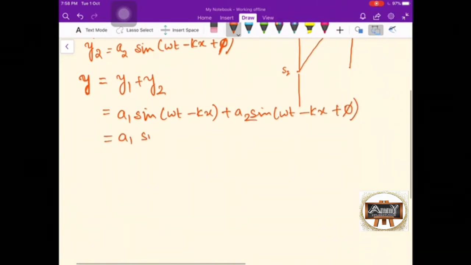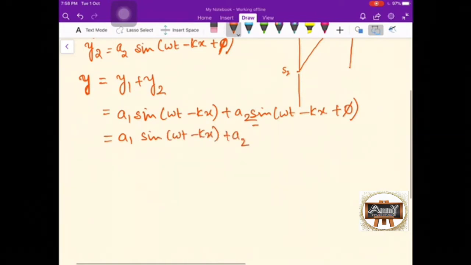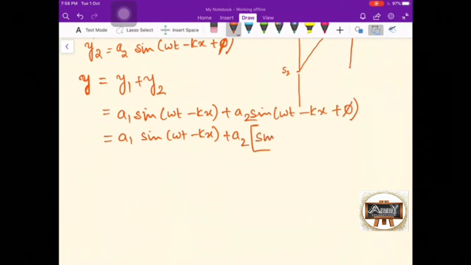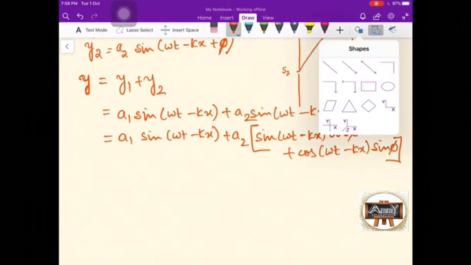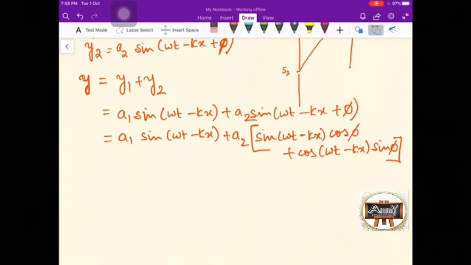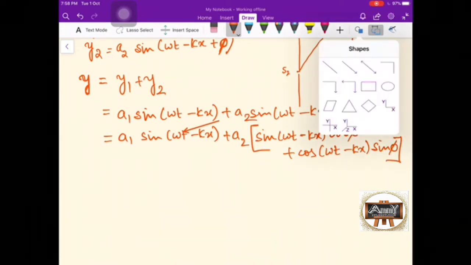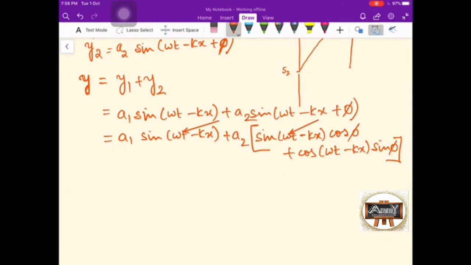Let me expand this: sin(omega t minus kx plus phi) is sin(omega t minus kx) cos phi plus cos(omega t minus kx) sin phi. Now I will take sin(omega t minus kx) common from these two terms.